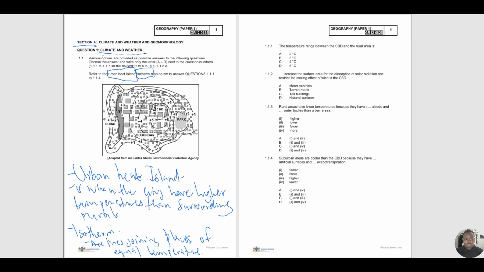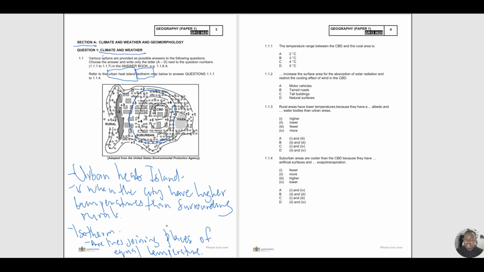So now we know that the map we are looking at contains an urban heat island, whereby we'll be looking at the city having higher temperatures than surrounding areas, and we'll have lines which are isotherms. In this case, these are the isotherms, lines joining places of equal temperature. The line that I'm highlighting is 3, which you can say is 3 degrees because we're talking about temperature. So let's go and answer the questions now.